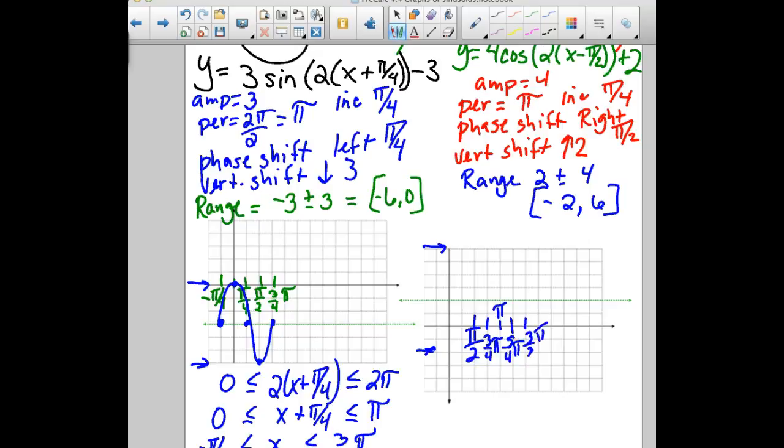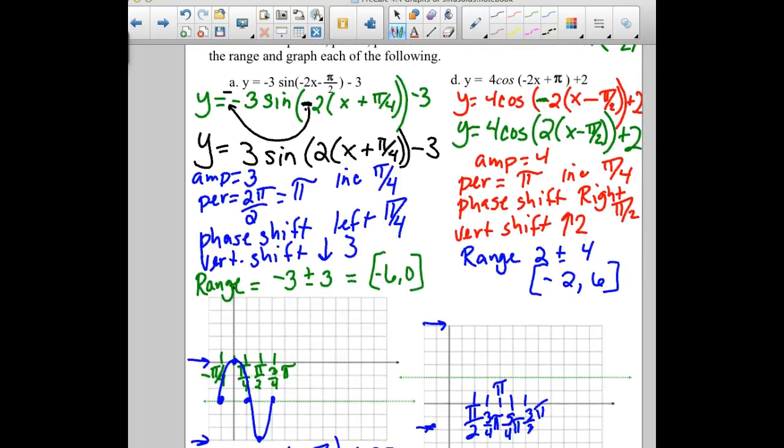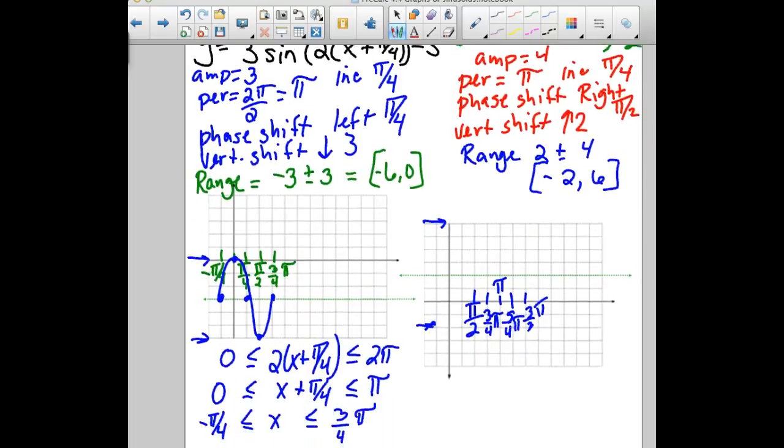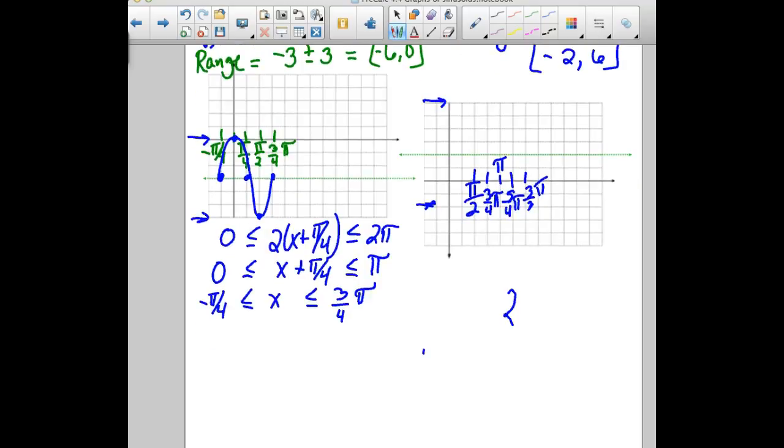Okay, let's check to see if that's right. We have a 2 parenthesis x minus pi/2. And we start normally at 0 and stop at 2 pi. Again, notice because the 2's been factored out, we have to divide it out first.